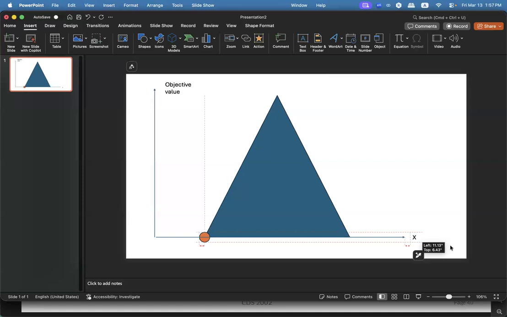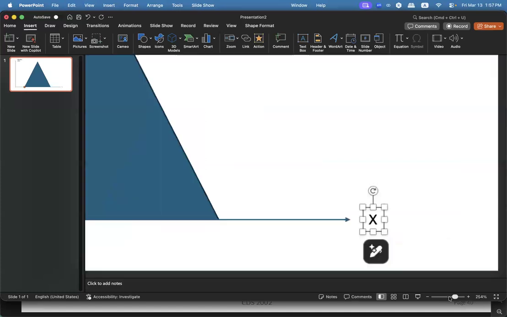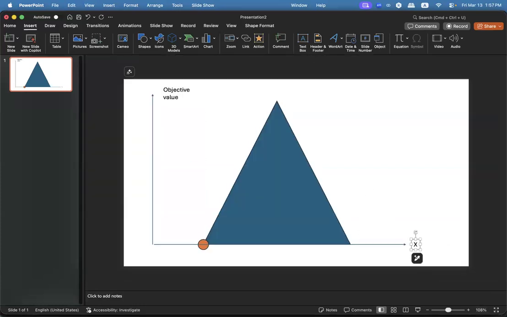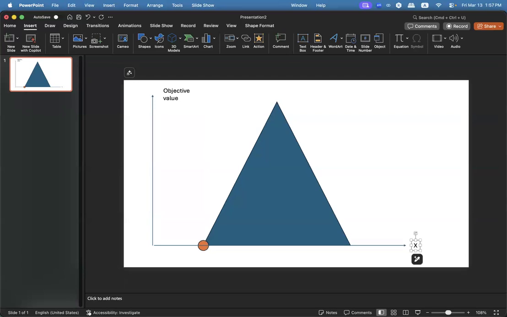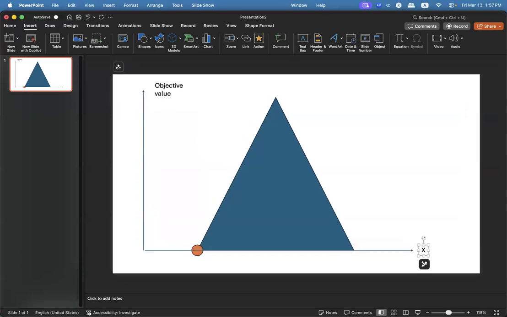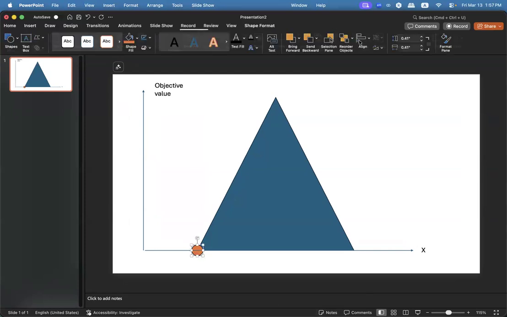In this problem, what we are trying to do is to find the value of x that makes the objective value the biggest. This is the problem we are solving right now, and our initial state is right here.